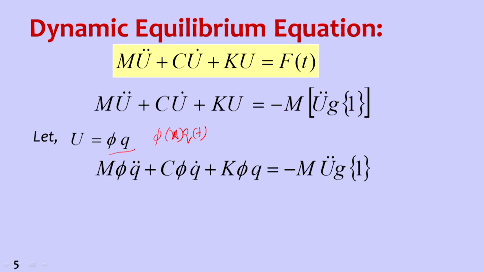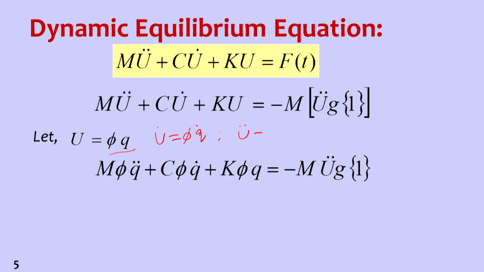Then when we substitute u equal to phi q in the above equation, what we get is m phi q double dot. Why? Because q is a time variable. So from this, u dot is equal to phi times q dot.